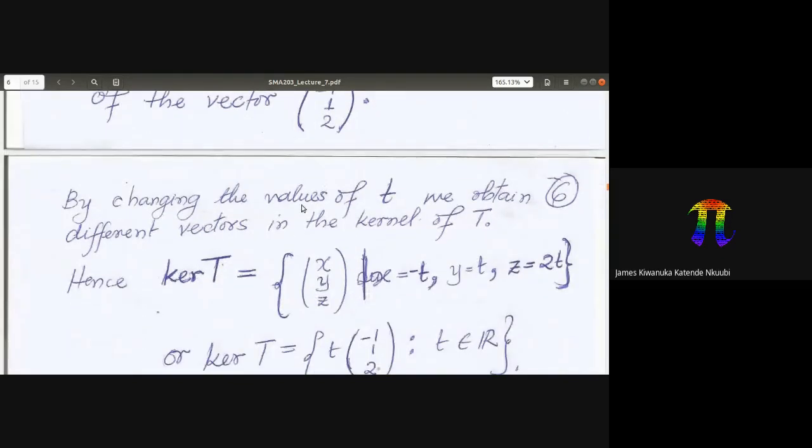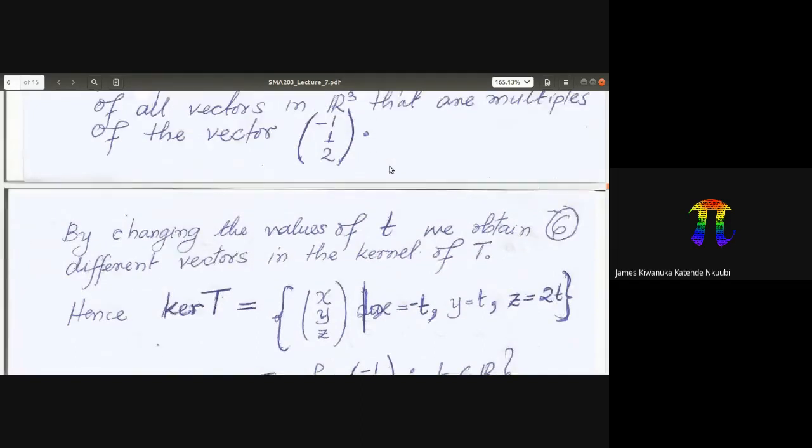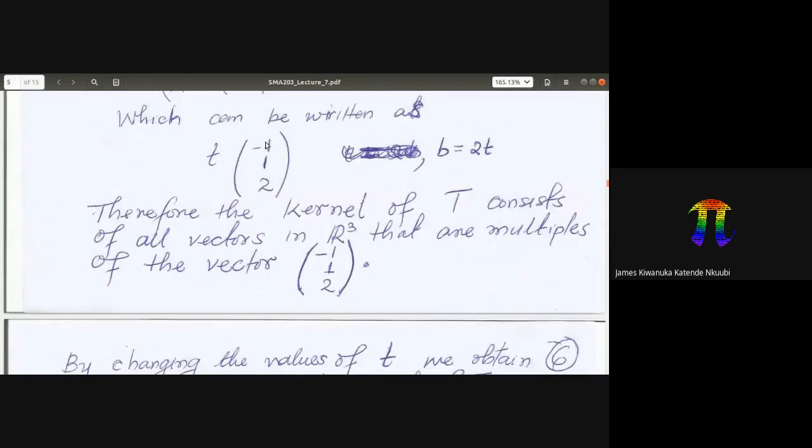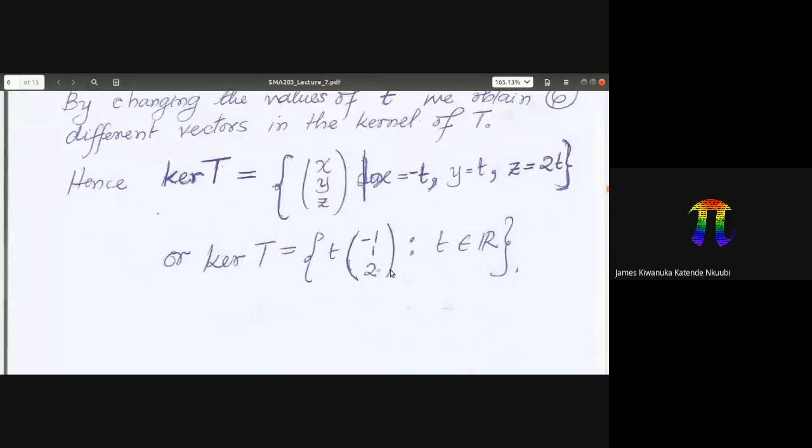So by changing the values of t, if you keep shifting the t, you will always get a vector in the kernel. So with that in mind, we can describe the kernel as a set in this form.